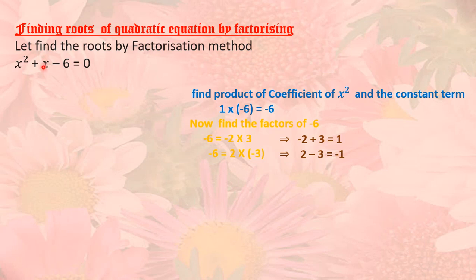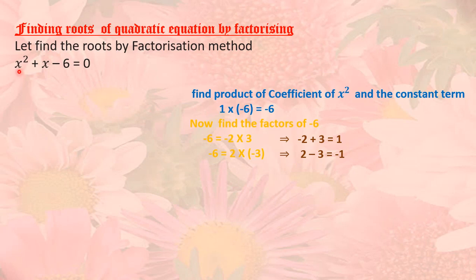That means the coefficient of x is 1. Now, which of the factor pairs gives 1? Here minus 2 plus 3 gives 1. That means these are the two numbers which, when we add, we get the middle term, and when we multiply these two, we get the product of the coefficient of x square and the constant term.